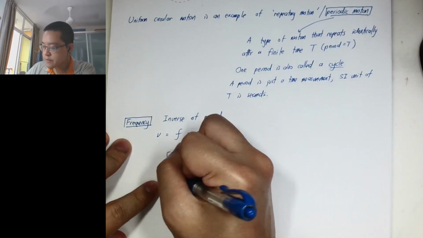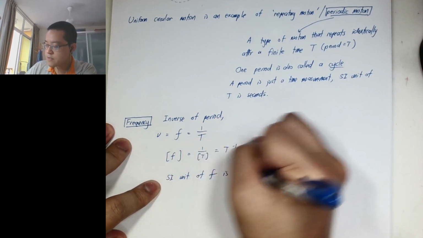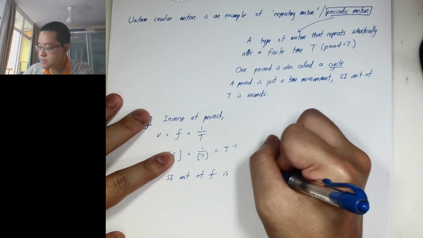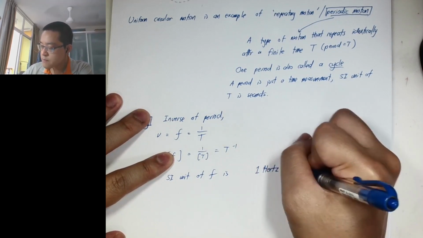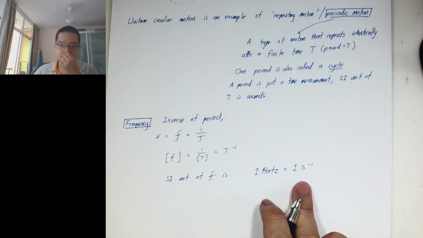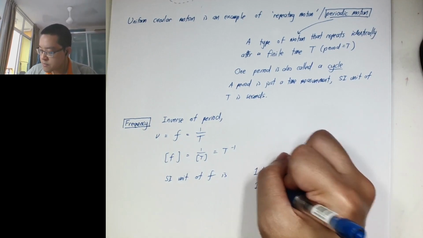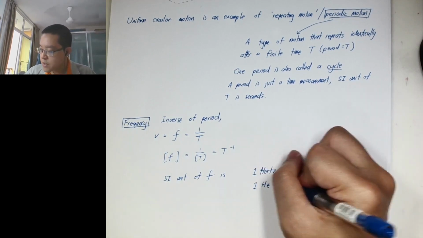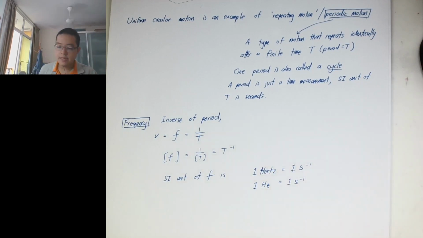The SI unit for frequency is the hertz, and 1 hertz just means 1 per second, an inverse second. Hertz for short we write as Hz.